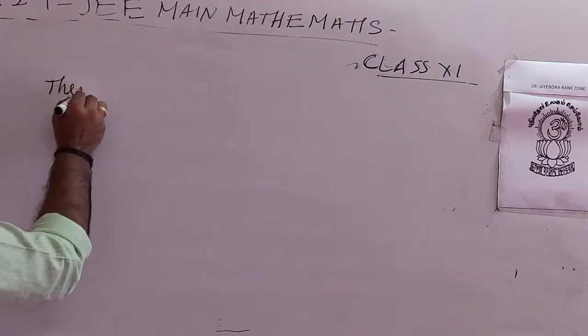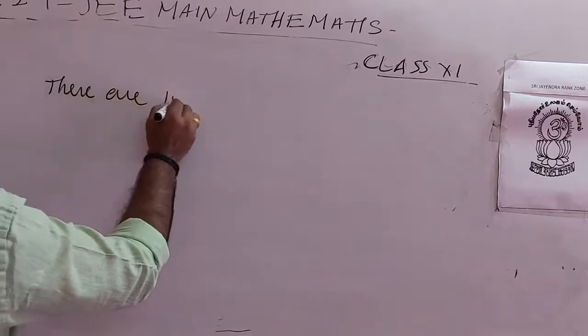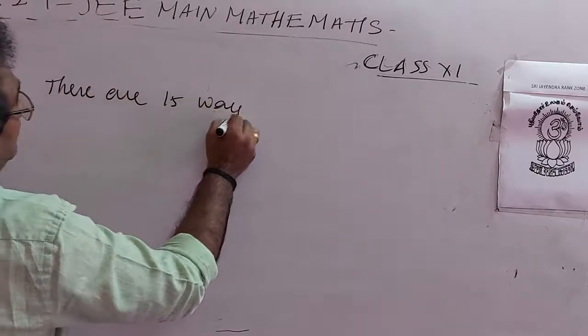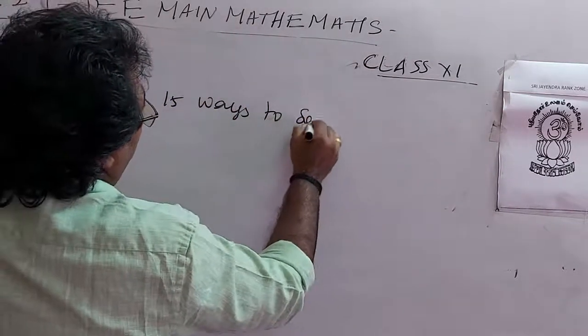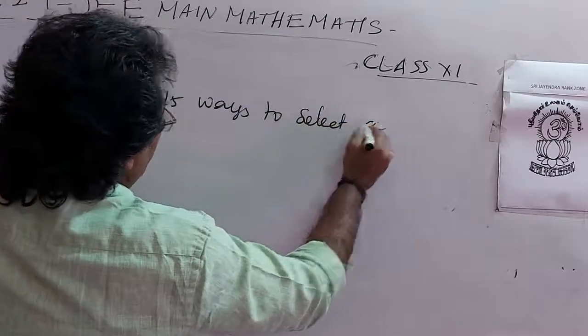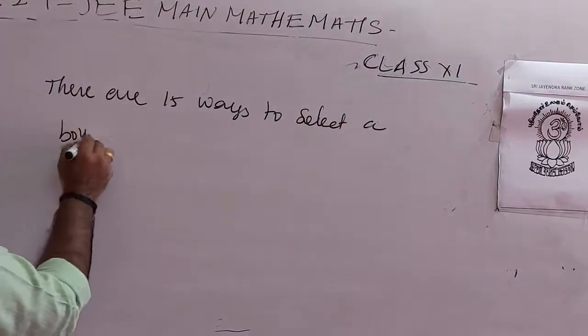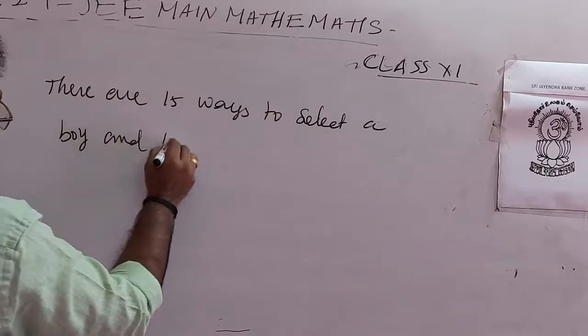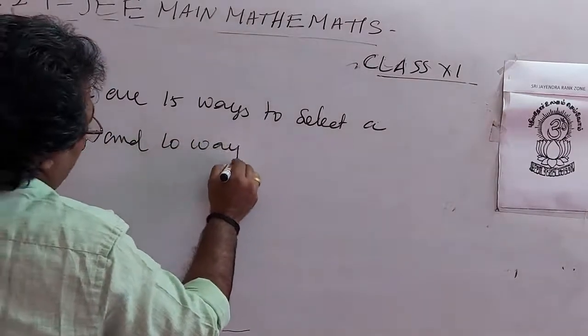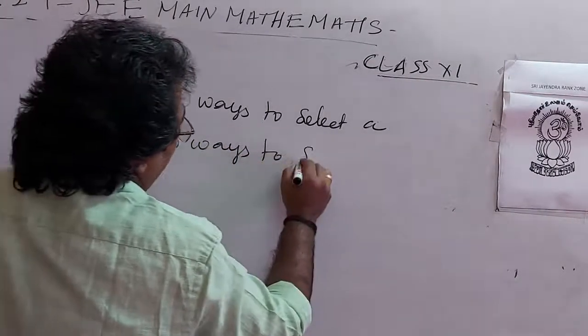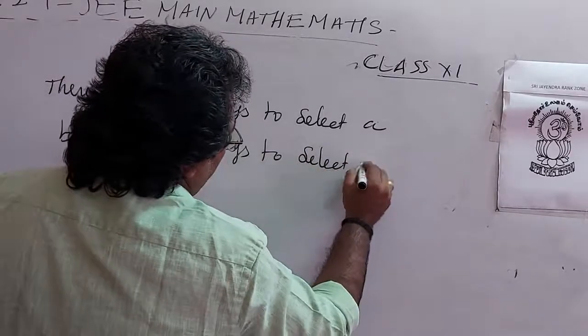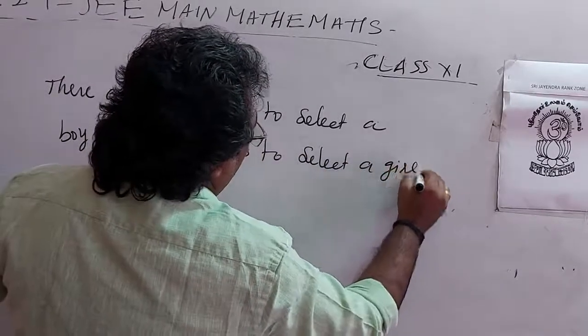There are 15 ways to select a boy and 10 ways to select a girl.